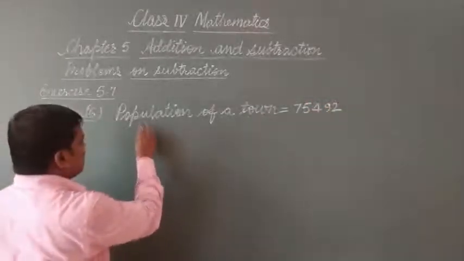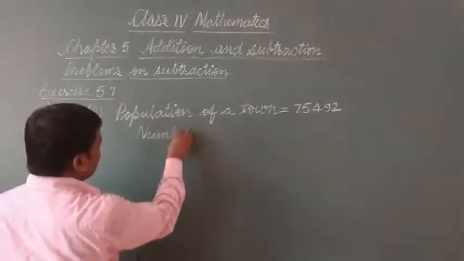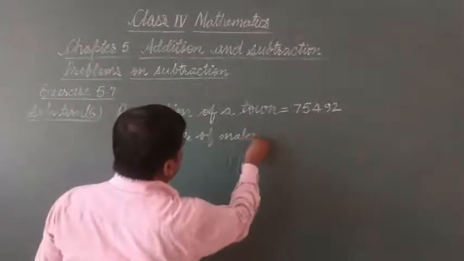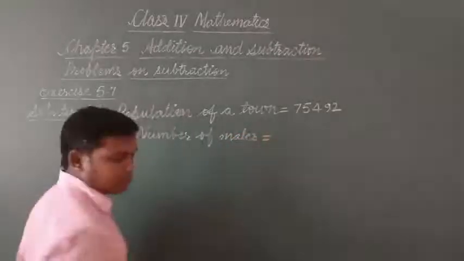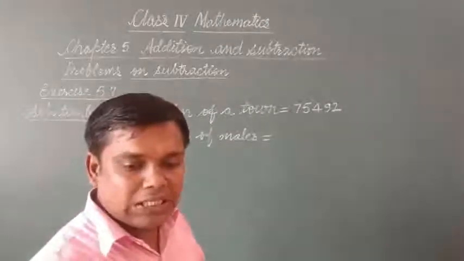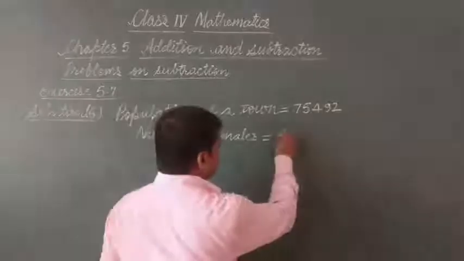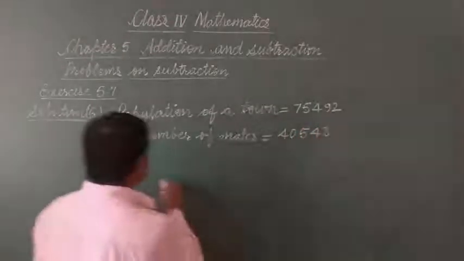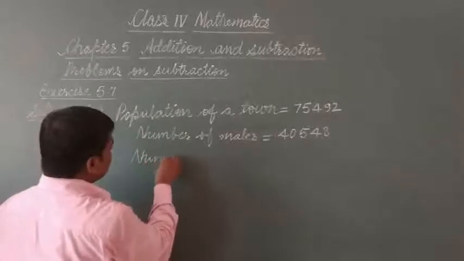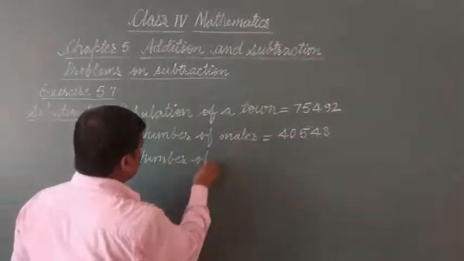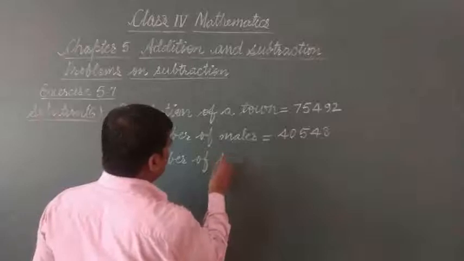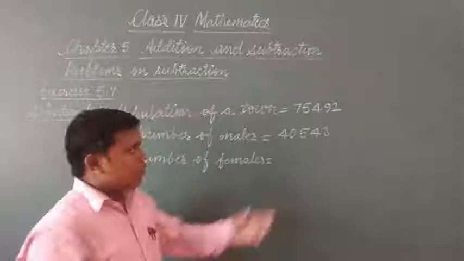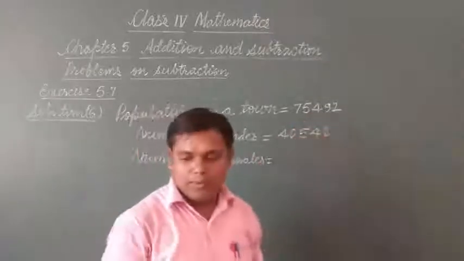Number of males is equal to 40,548. So number of females is equal to population of town minus number of males.